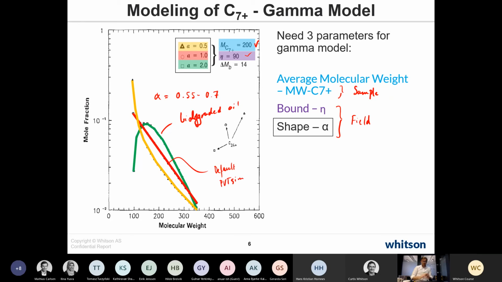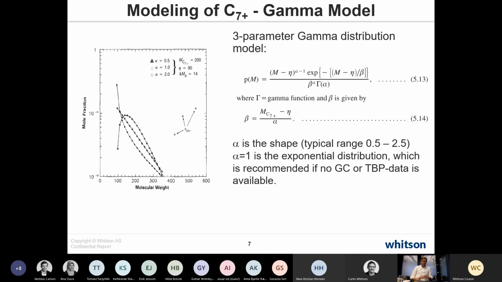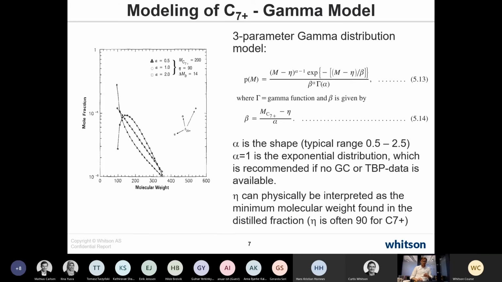So that's the exponential model that we'll talk about in a little bit. The range for alpha is typically between 0.5 to 2.5. And as I just mentioned, alpha equal to 1 is the exponential distribution, which is what is recommended in general if no GC or TBP data is available.